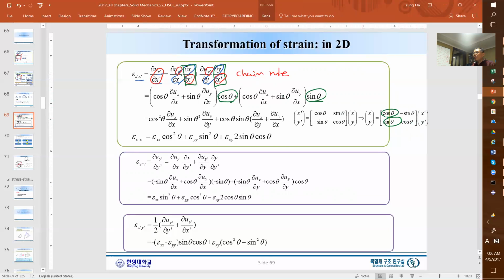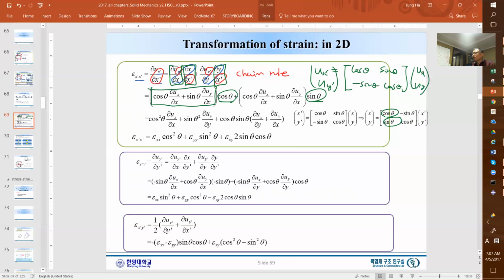Now, how about these terms? Well, this term is simply ux prime, and uy prime also follows the coordinate transform because they are simply vectors. So cosine theta and sine theta, and minus sine theta and cosine theta, with ux, uy.